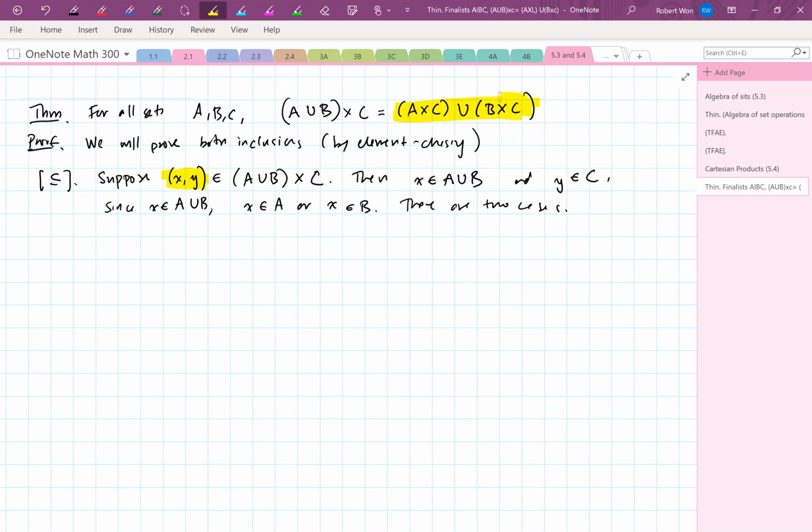But this set is a union. So in other words, I just need to show that that ordered pair is in this set or it's in this set. But that will depend on whether x is in A or if x is in B. So there are two cases.